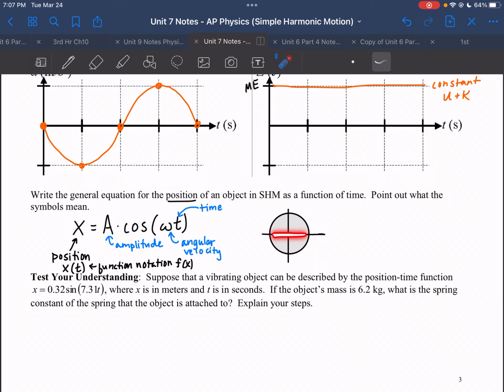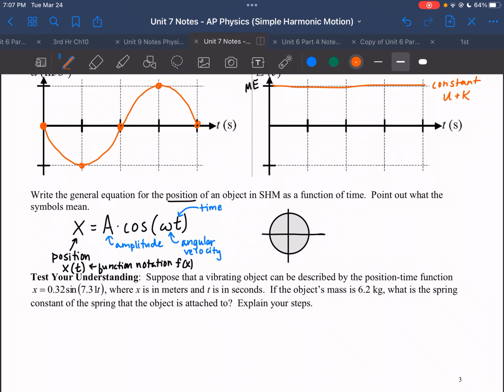Well, instead of writing it as just in the x direction, you can also write it as a circle. And in the circle, it's going to be keeping a constant speed around the circle.